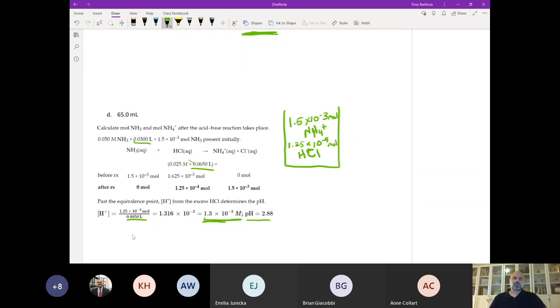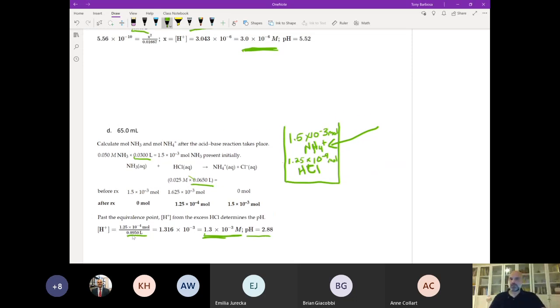We know the upper component of the equation here is going to give us, just slide this down, 1.5 times 10 to the minus 3 moles of ammonium ion giving us 3.0 times 10 to the minus 6 molar protons in solution.